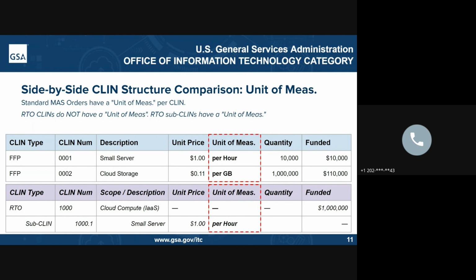This is again because the requirements task order CLIN 1000 is only a scope. The unit of measure is applied at the subCLIN level where you have identified a specific catalog item. In this case, subCLIN 1000.1 is for a small server, and the unit of measure would be per hour.